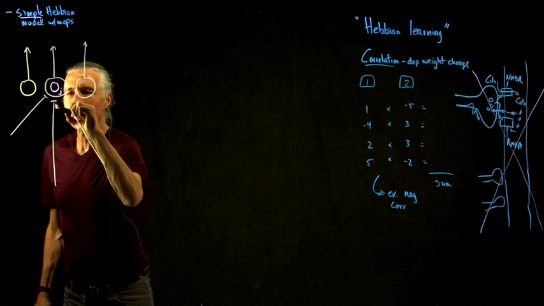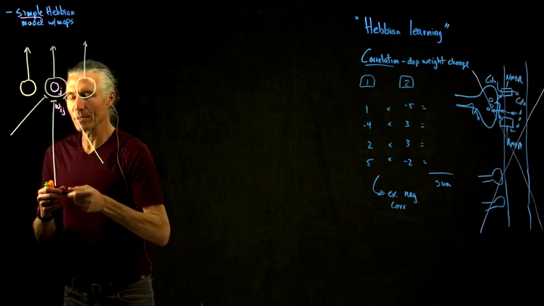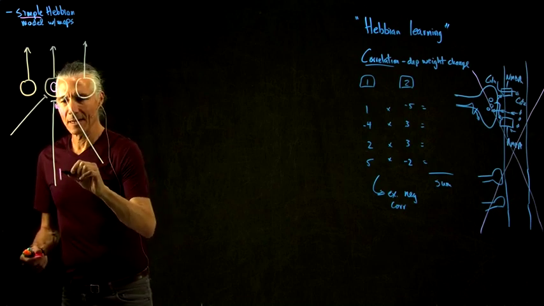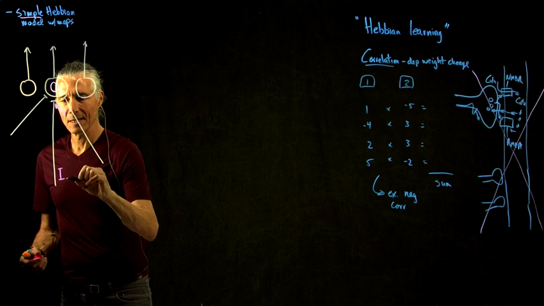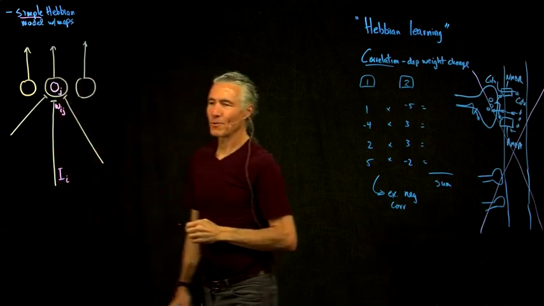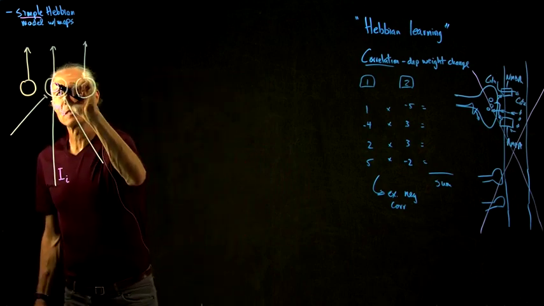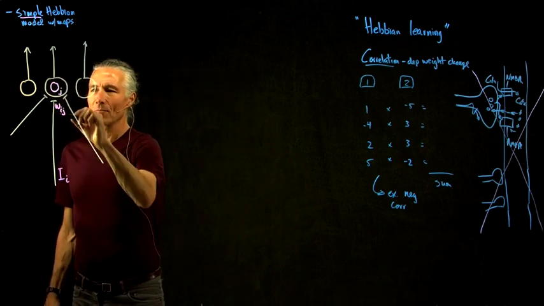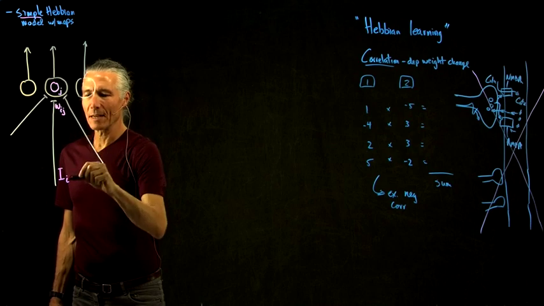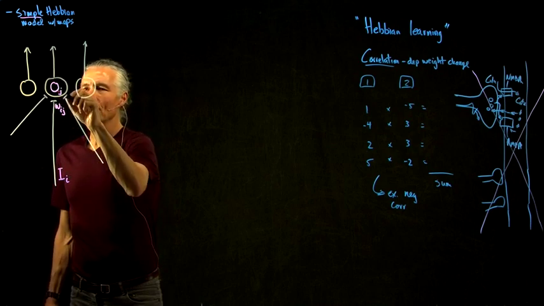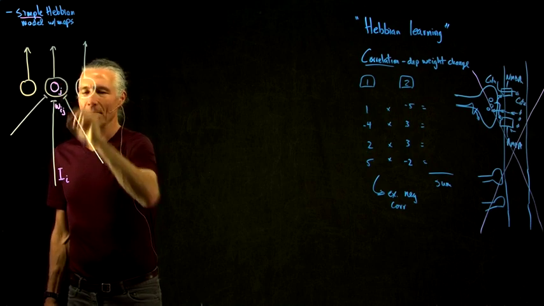So here's the weight from unit i to unit j. So where's unit i? Well, unit i is this guy. So that's input i, this is output j, and here's weight ij, meaning the weight coming from input i to output j.